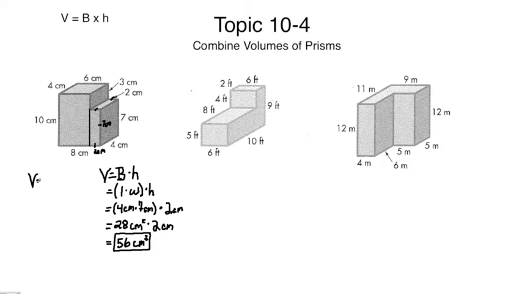Volume equals base area times the height. Obviously, it doesn't matter what I use. The shape of my base is going to be a rectangle, so I'm going to put in the formula for the area of a rectangle for the base area and multiply it by the height.